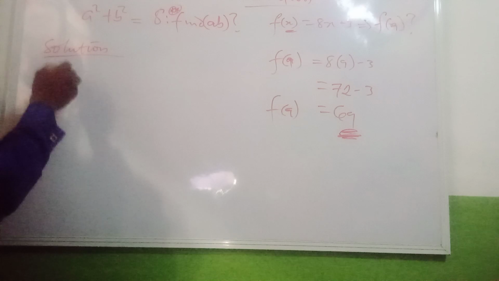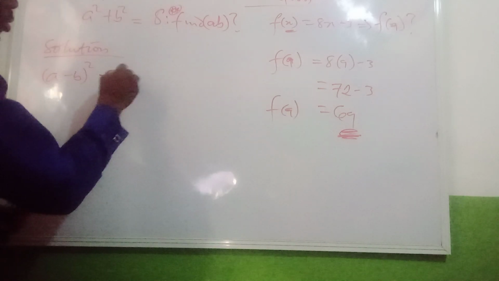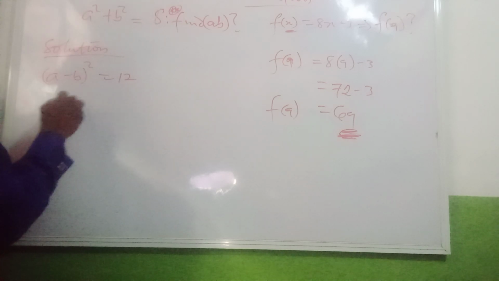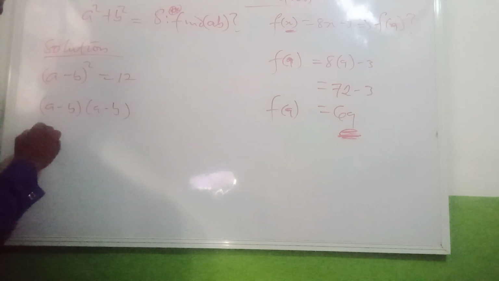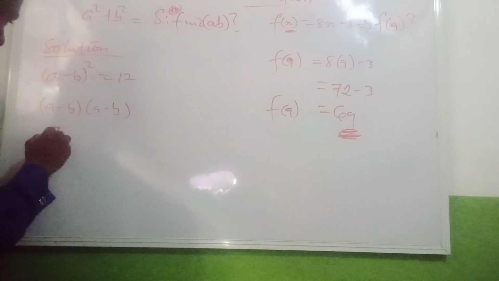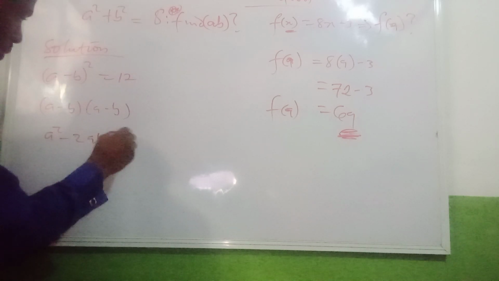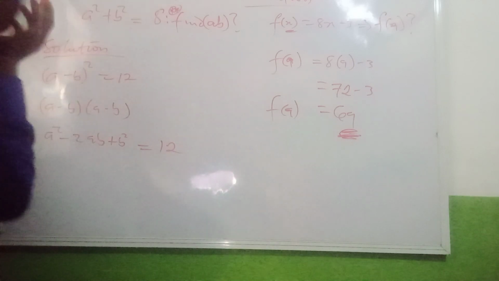Now I can go from 1: (a minus b) all squared equals 12. This is the same thing as (a minus b) times another (a minus b), which is going to give me a squared minus 2ab plus b squared, and this is equal to 12.